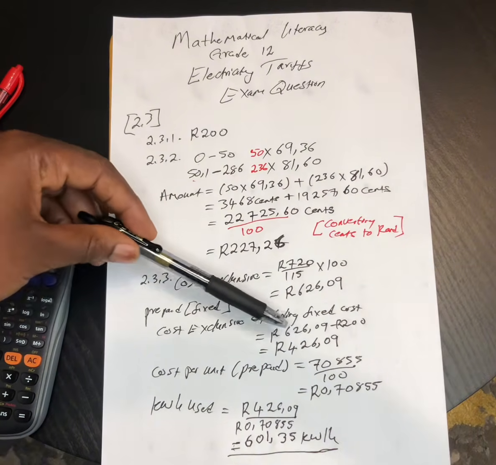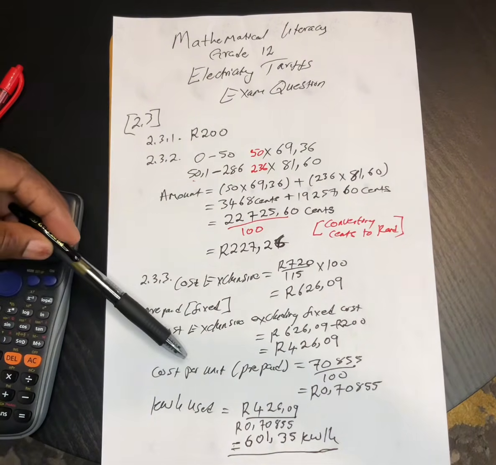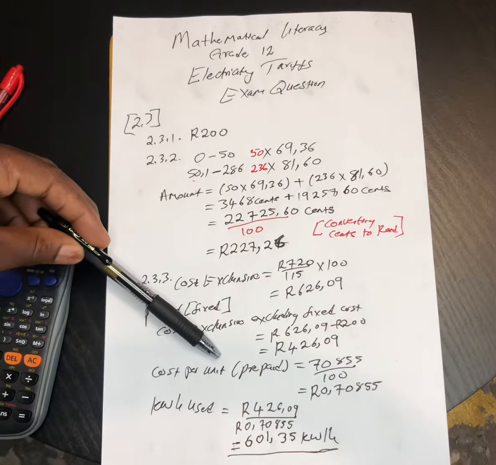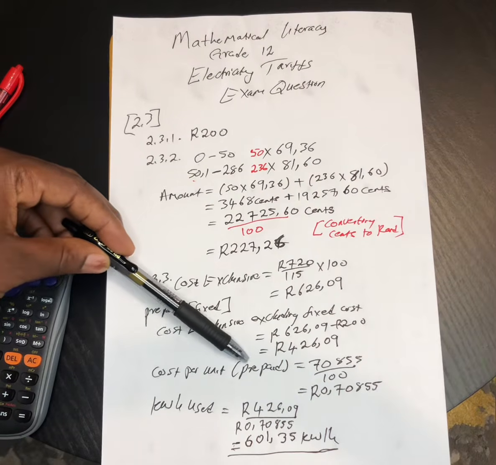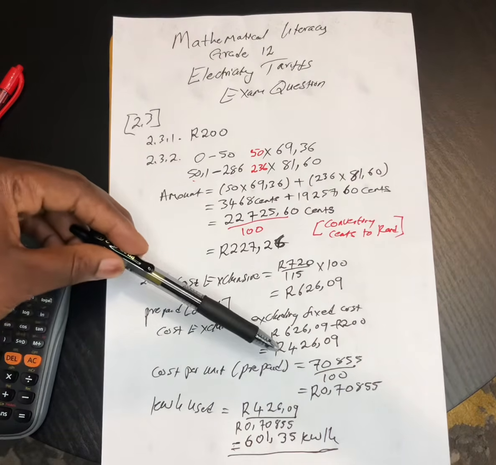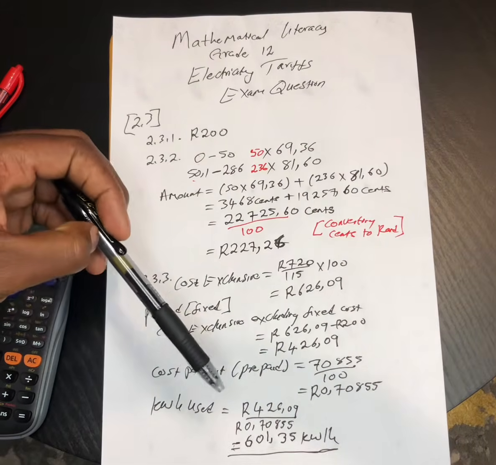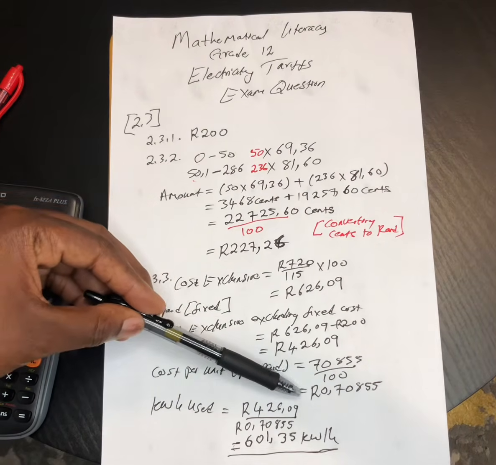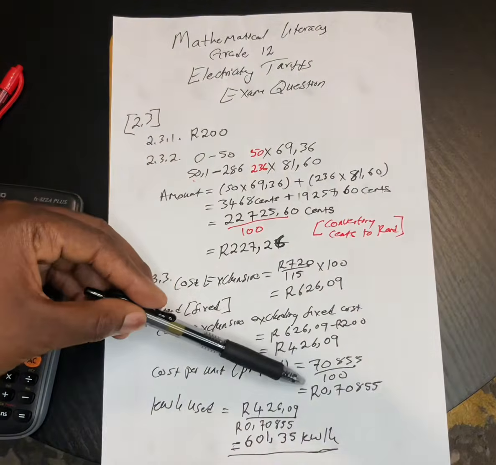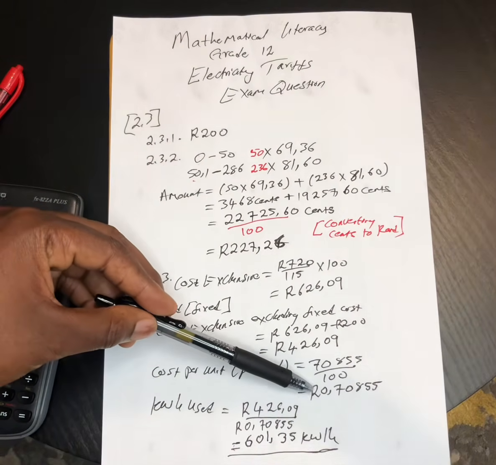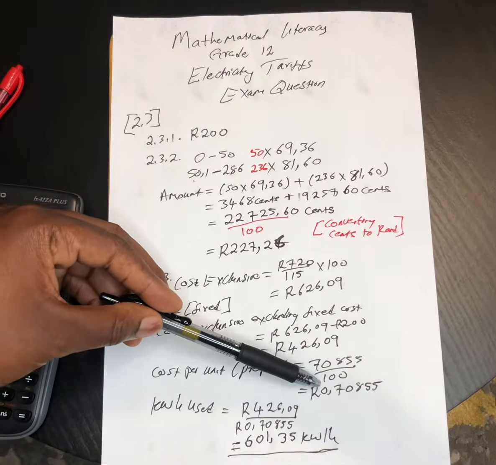Then we converted the prepaid amount per unit to rands, because it is given in cents in the table. We just divide it by 100 and find 0.70855 rands.